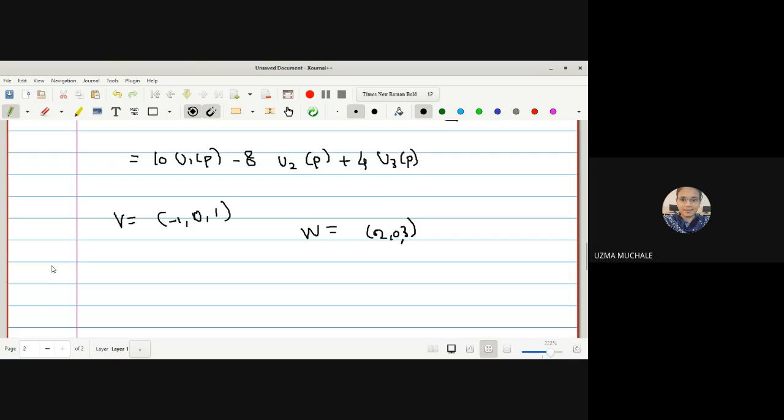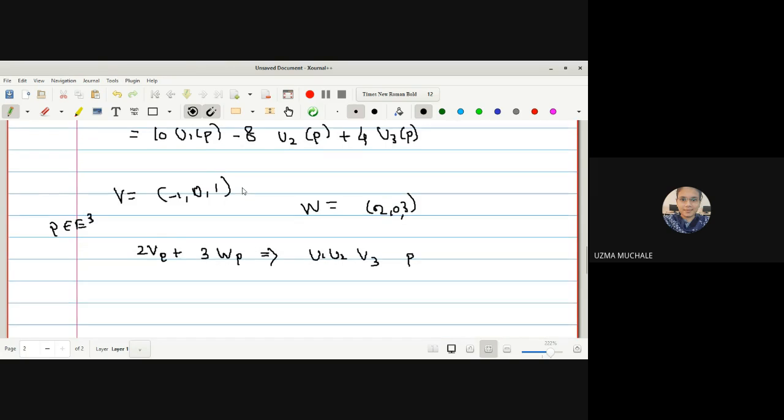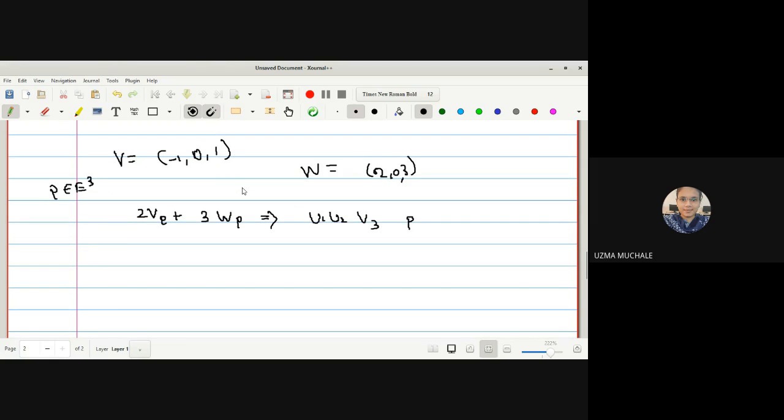Okay, there are two vectors V and W. Again, what you have to do: 2 V at P plus 3 W at P. You have to write this as a linear combination of u1, u2 and u3 at a point P. And P is an arbitrary point from E3 space. If you understood the previous example and have written it, you can do this. Try to do this and tell me the answer.